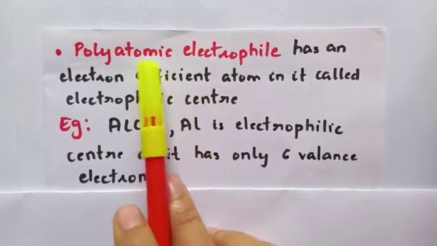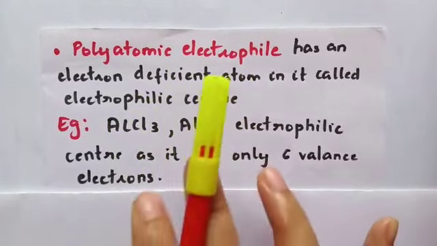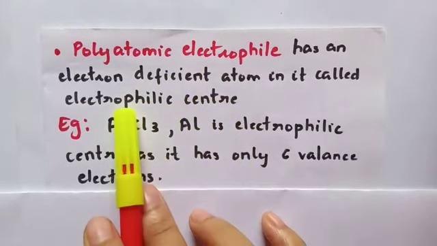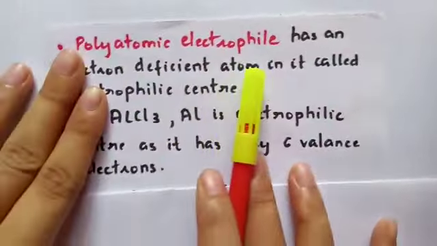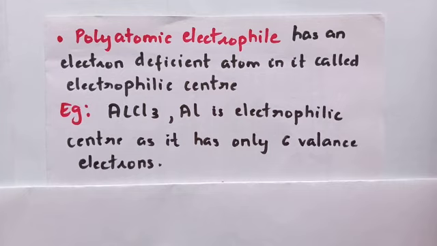A polyatomic electrophile is basically a compound in which an electrophilic center is present. Now students, what is an electrophile? Electrophile is something that is electron deficient in nature, so it has the tendency to accept electrons from the substrate.